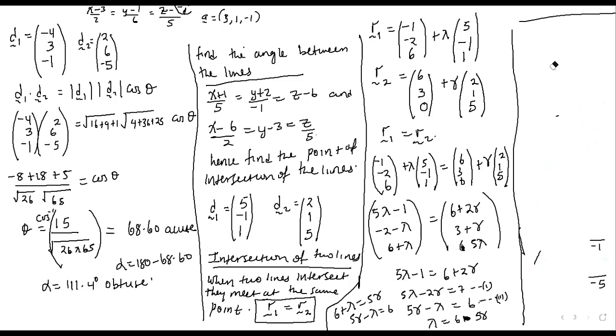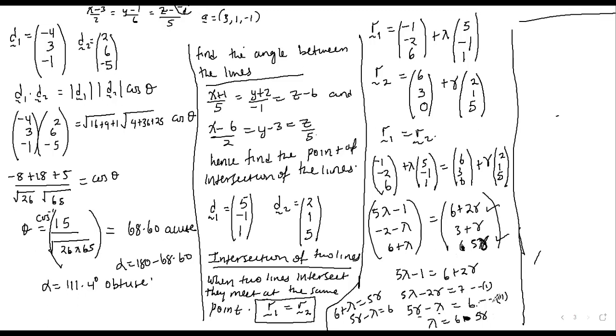Teacher, are we using equation 2? Yes, I'm using equation 2, sorry. Isn't gamma supposed to be... 5 gamma minus lambda is equal to 6, so it's supposed to be 5 gamma minus 6.